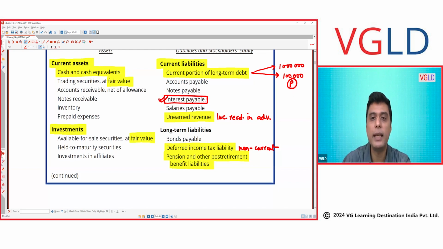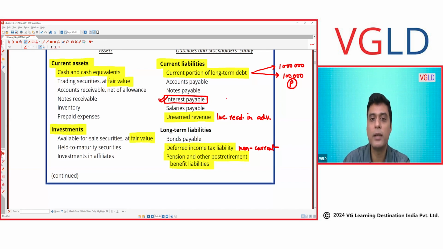Interest payable is anyway a current liability, whether it is a 10-year loan or not, because the interest you will have to pay within the next 12 months, or operating cycle of the company, whichever is longer. Because interest normally in the US is payable twice a year.